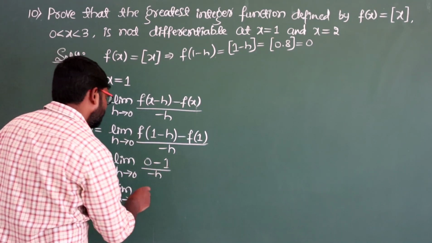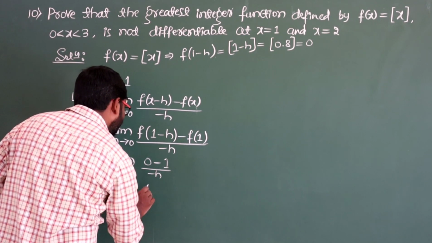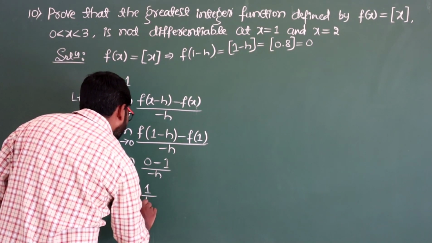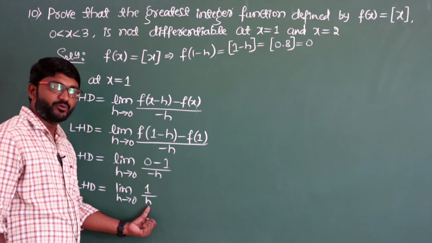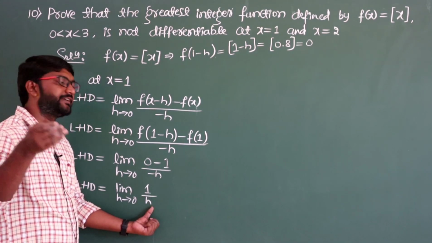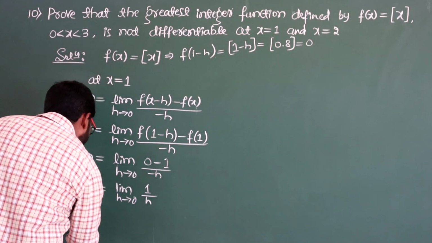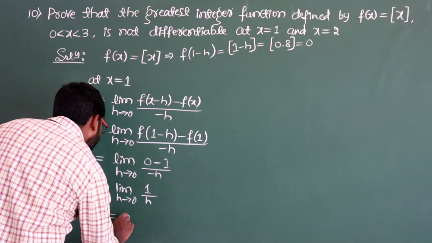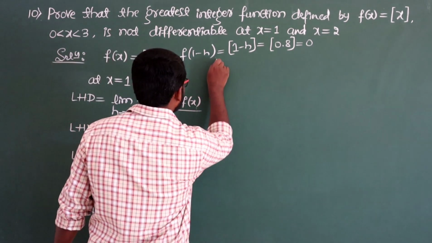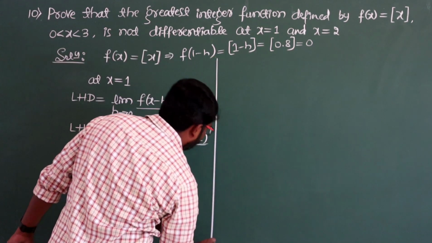Minus and minus cancel, and we get 1 by h. Now apply the limit, replace h by 0, 1 by 0 is infinity. So here the left hand derivative is infinity.